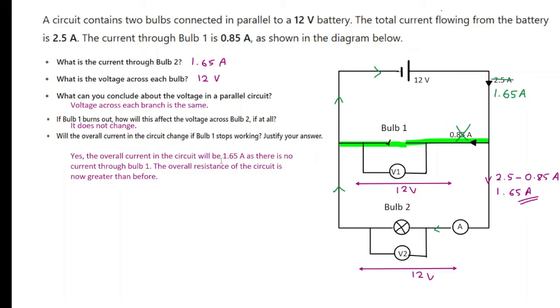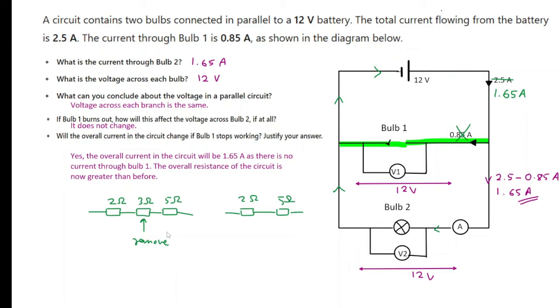Now, in a series circuit, if you remove a resistor, the total resistance decreases. But in a parallel circuit, it's the other way around. Now, let me explain this a little bit further. We're kind of done answering this question, but here's the idea. If this is 2 ohms, 3 ohms, and 5 ohms, and if I remove this one, now you go 2 ohms and 5 ohms only.